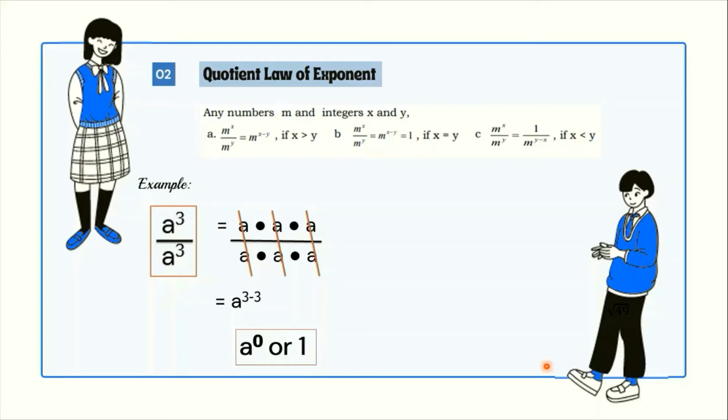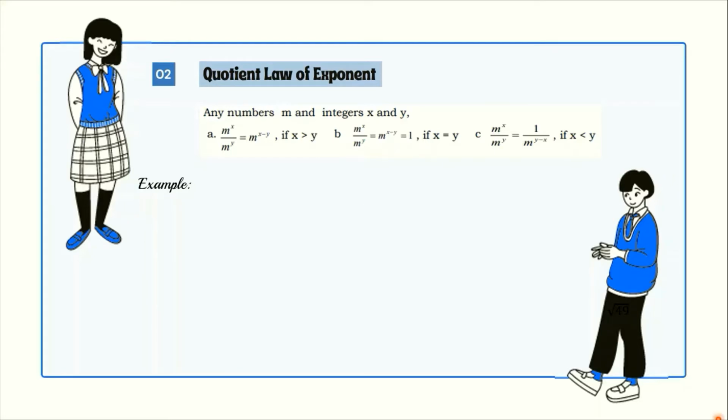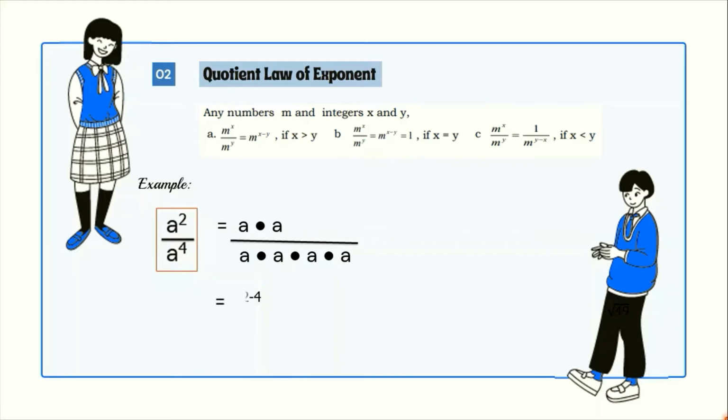Pareho lang yan. Next, pumunta naman tayo sa scenario C, wherein x is less than y. So, magiging ganito naman yung kanyang standard form. Magbigay tayo ng example. Ito ang expanded form ng a squared. Dalawang beses natin i-multiply yung base sa sarili niya. And then, ito naman yung expanded form ng a raised to the power of 4. 4 na beses naman. So, ito ay magiging a, yung kanyang base, 2 minus 4.